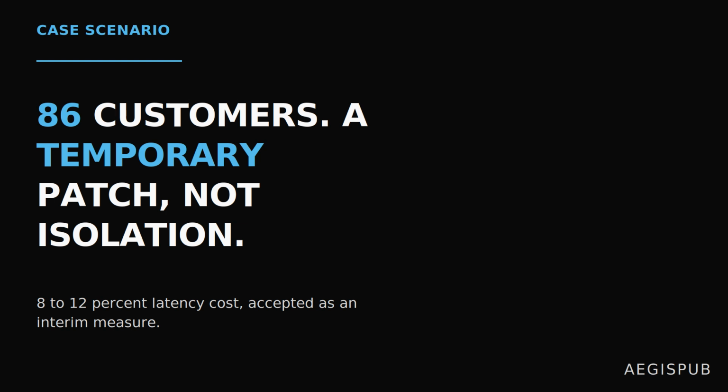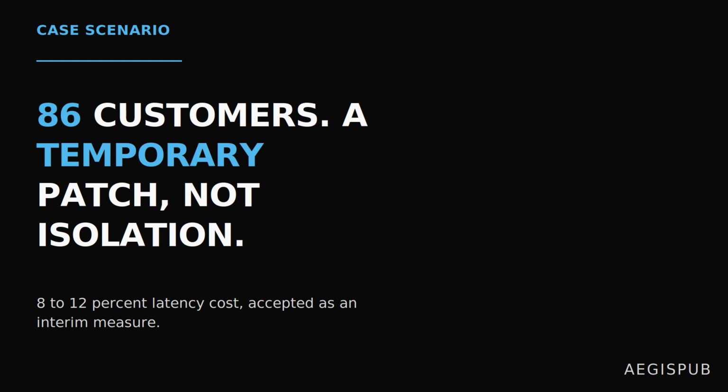The communication to customers follows a tiered structure. The 11 regulated customers whose workloads were migrated to dedicated hosts receive direct notification within 6 hours of the migration. A brief technical explanation of the vulnerability, a description of what was done on their behalf, confirmation that their workloads are now on dedicated hardware, and an invitation to a security briefing where their questions can be answered.